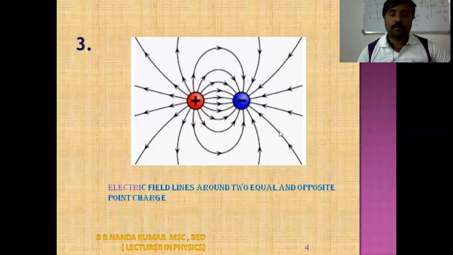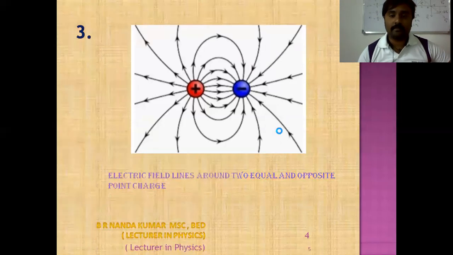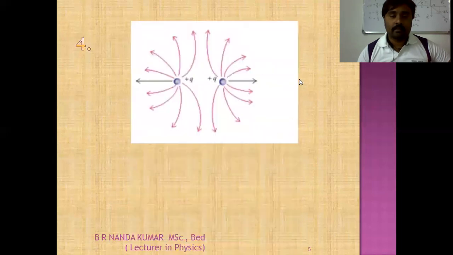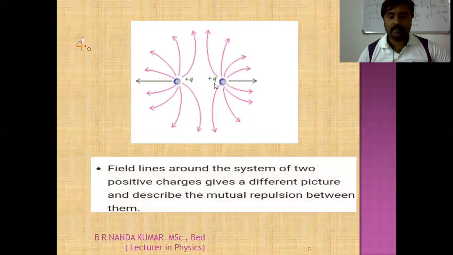So the next property. These are the electric field lines around two equal like point charges.